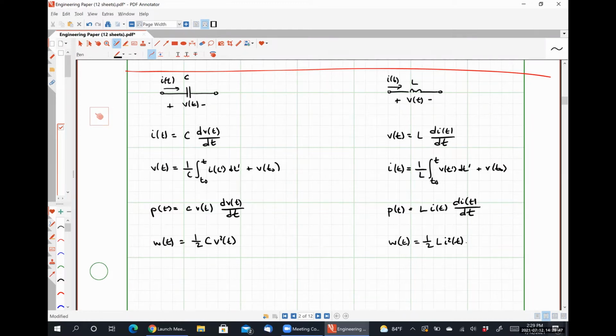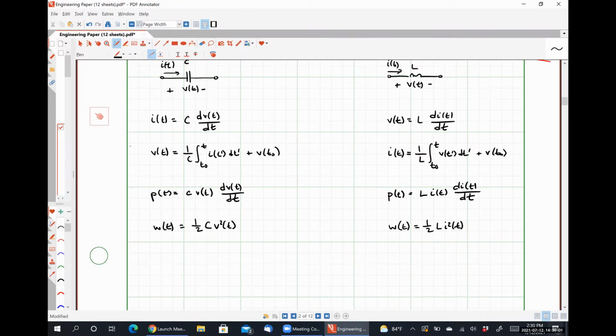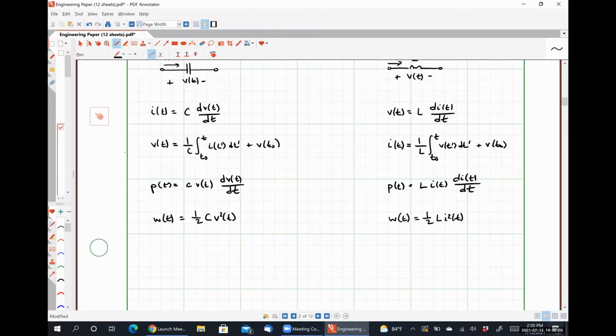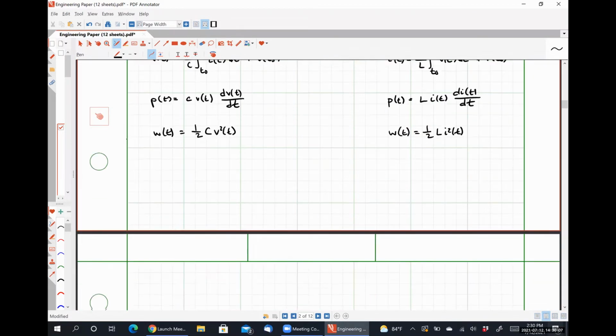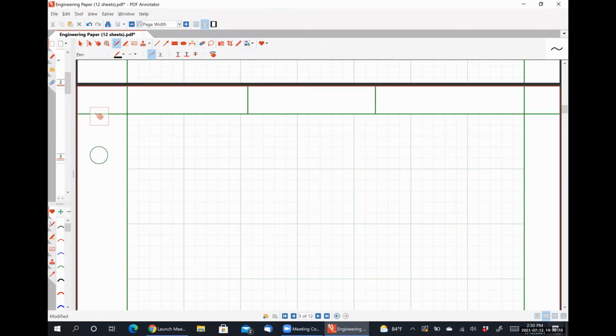So just writing all this down to show you there's really only one set of equations that you need to know because the capacitor and inductor relationships are identical. They're just replacing current with voltage. All right, so those are all of our relationships. Now let's talk about how we can combine inductors.